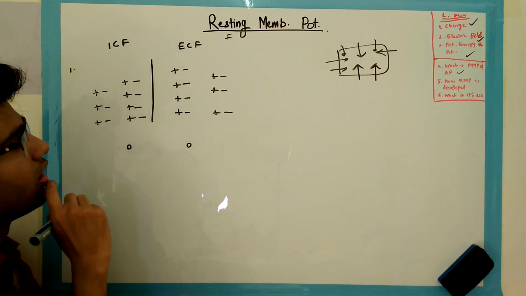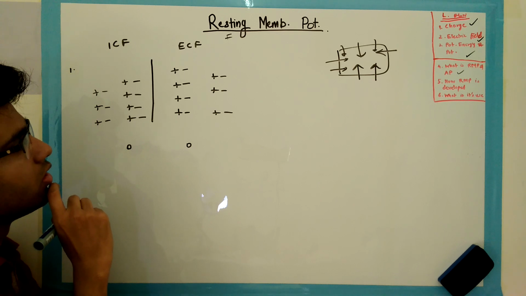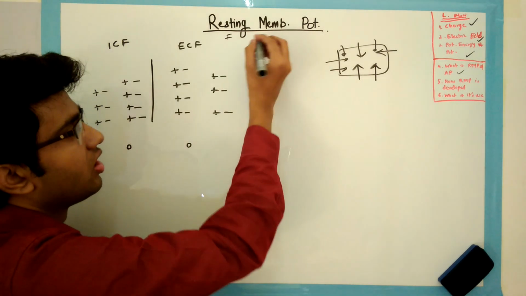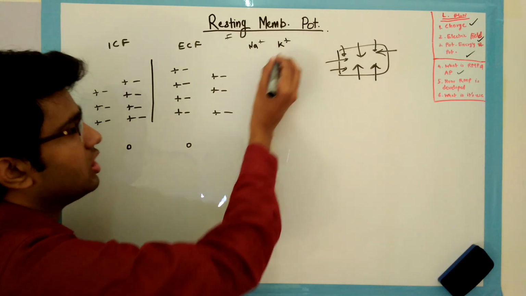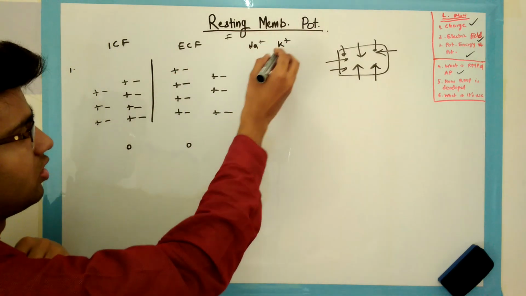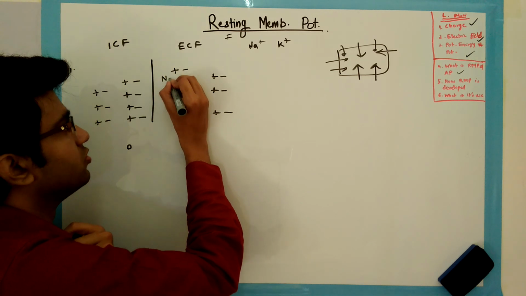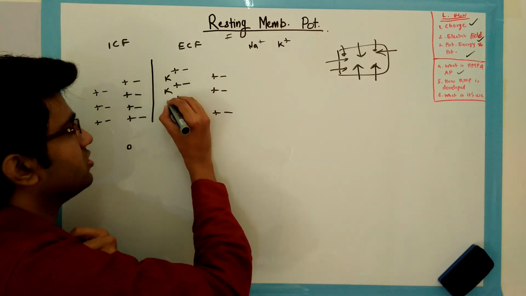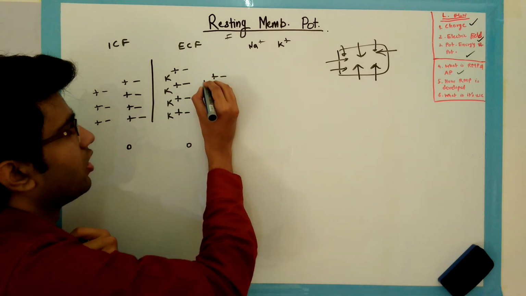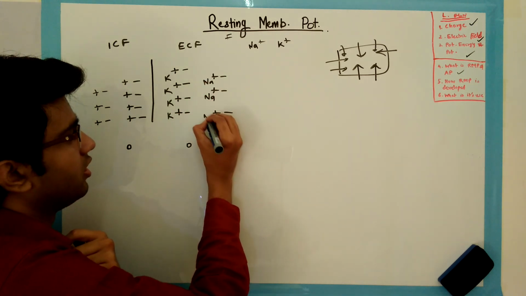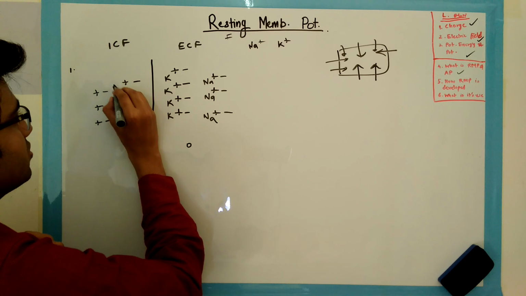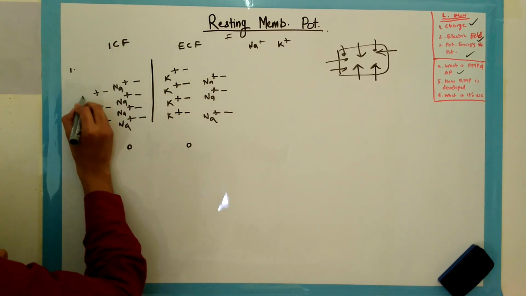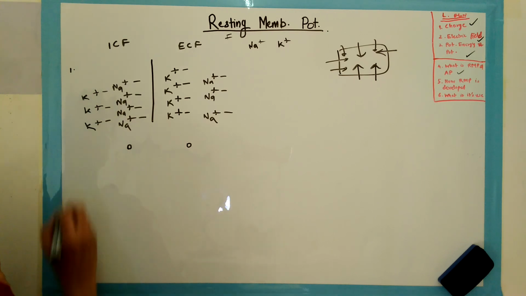One more thing. Here the most common ions are sodium for positive and potassium. So we are going to assign those ions to these. Suppose we have potassium, potassium, potassium, Na, Na, Na, same here, K, K, and K. Right?